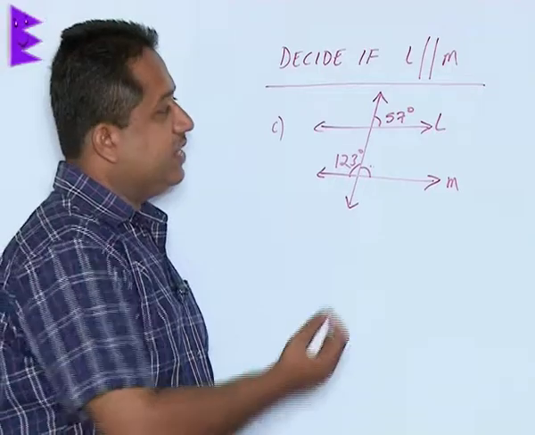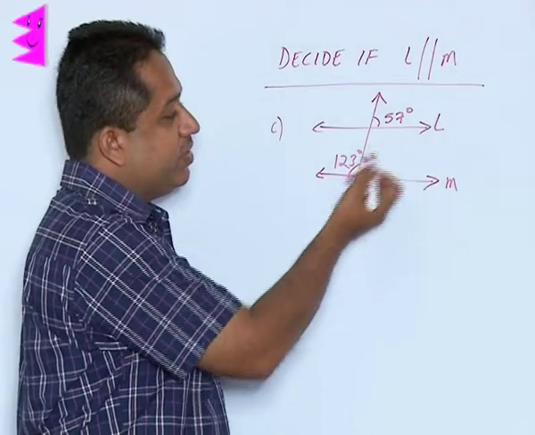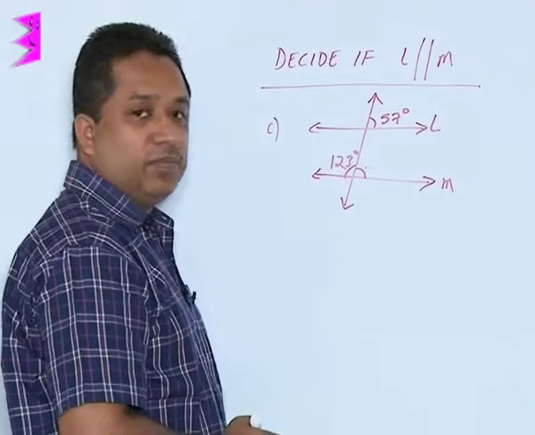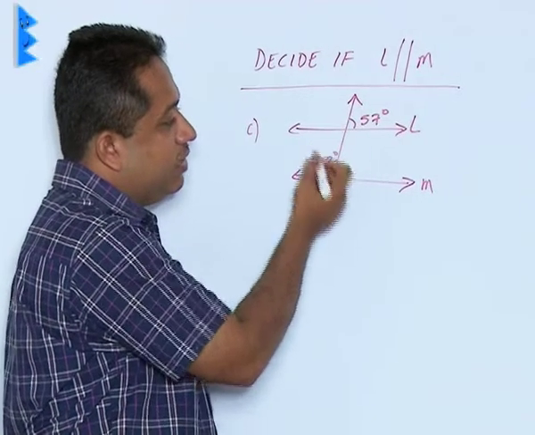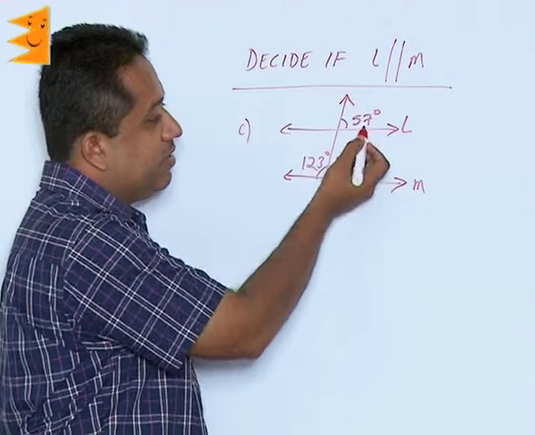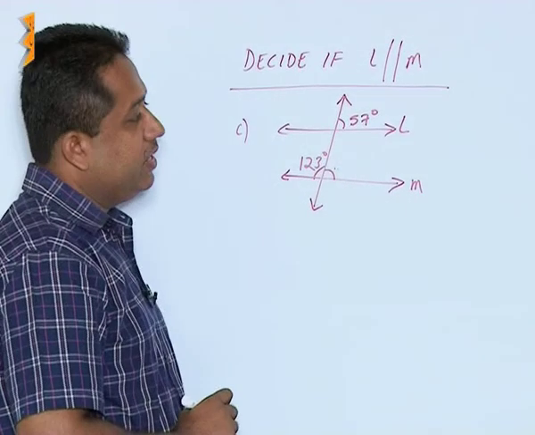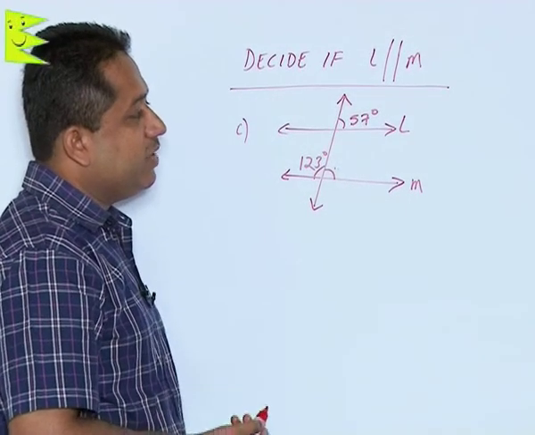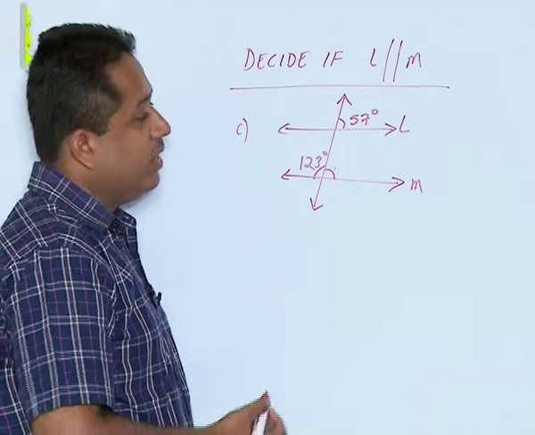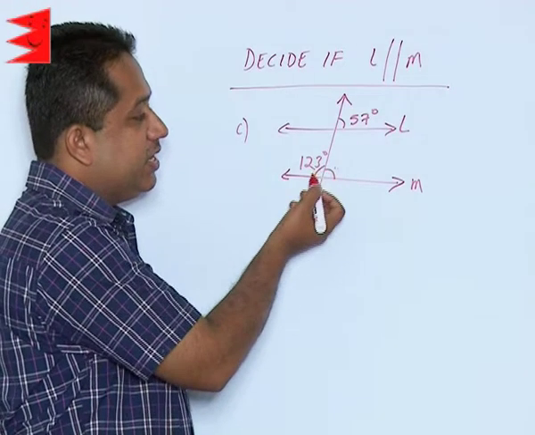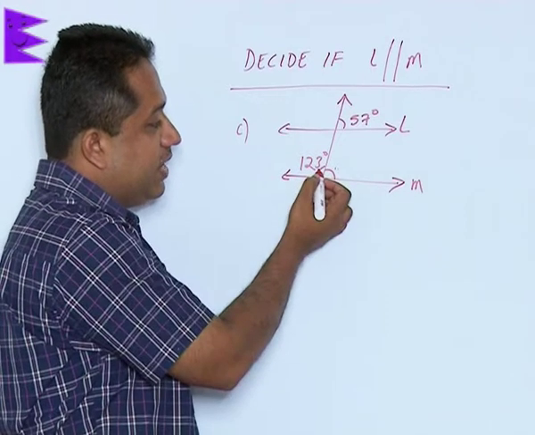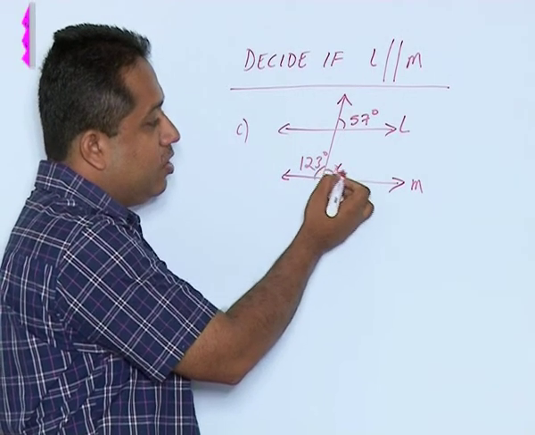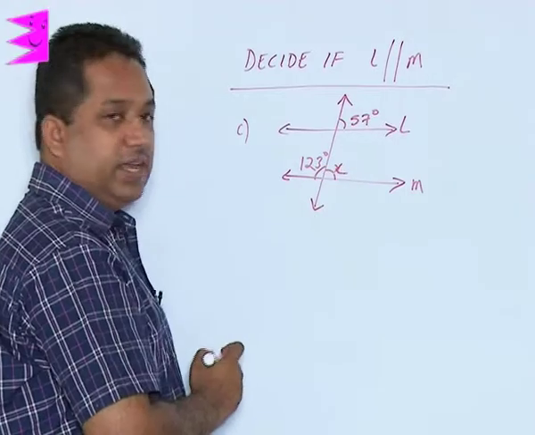Let us see this third example where we have to determine if L is parallel to M. The unknown angles are here, we do not know the other angles; the known angles given are 57 and 123. In the previous two cases we saw that the lines are not parallel. However, let us see whether in this case the lines are parallel or not. This is 123 and this is an unknown angle, we can represent it by x.